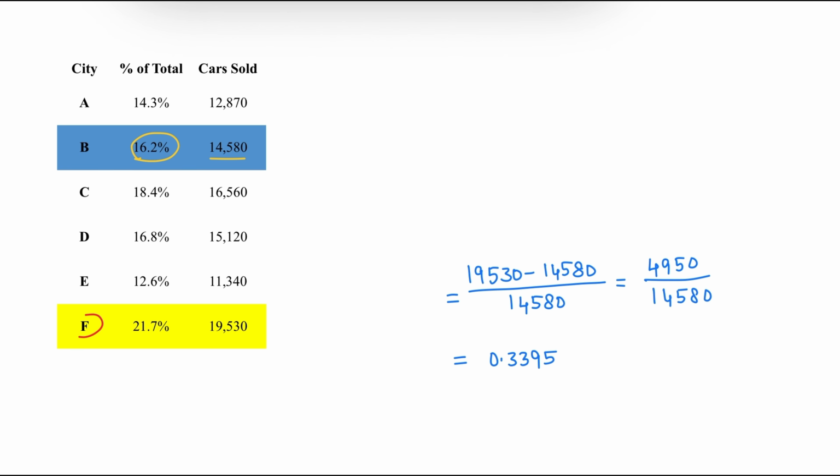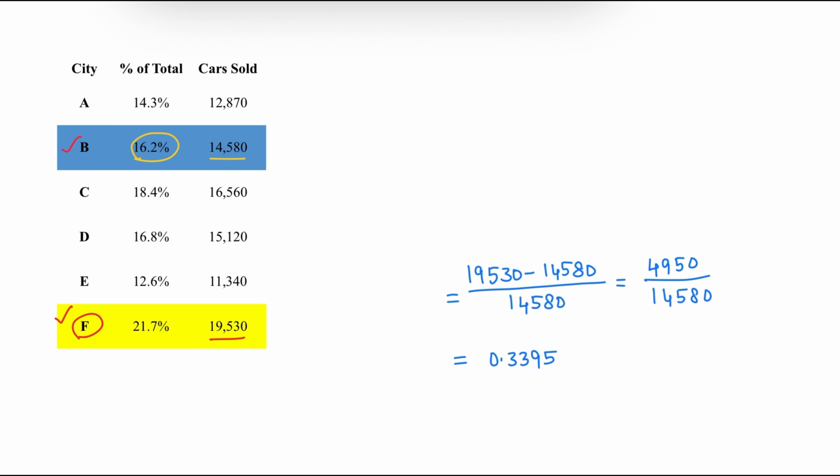In city F, 21.7%. 21.7% of 90,000 is 19,530 cars. So we need to calculate the percentage between the total cars sold in city B to the total cars sold in city F.